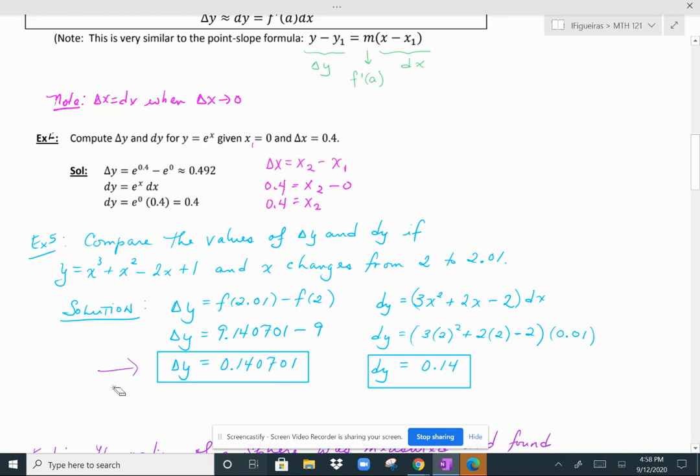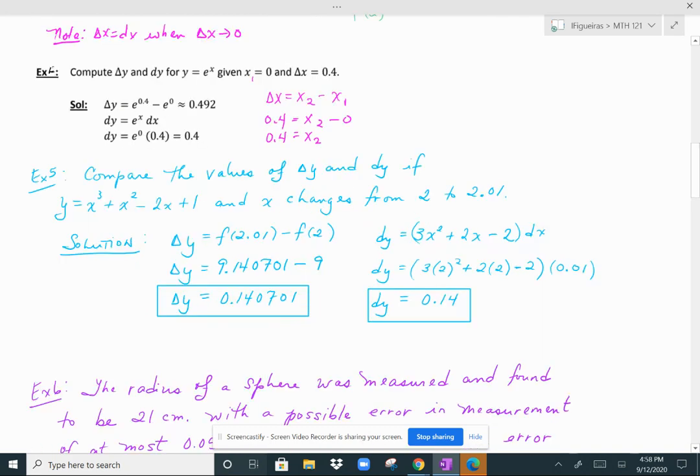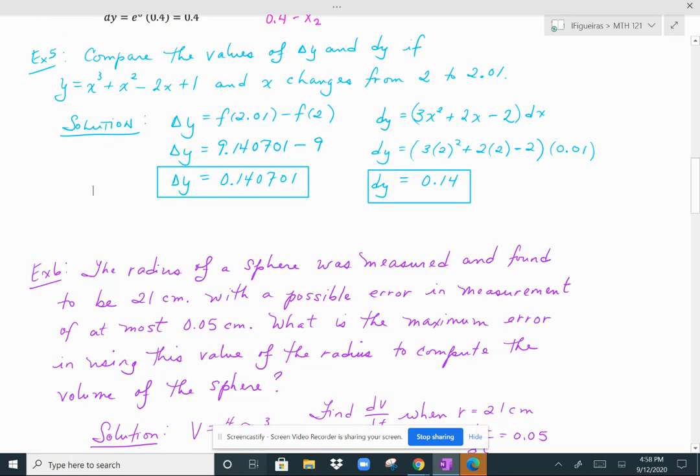As I mentioned before, you could also use differentials to compute error in a calculation. Here's an example. The radius of a sphere was measured and found to be 21 centimeters with a possible error in measurement of at most 0.05 centimeters.